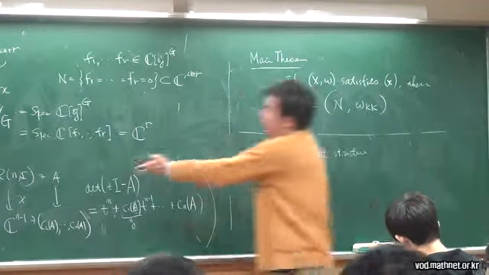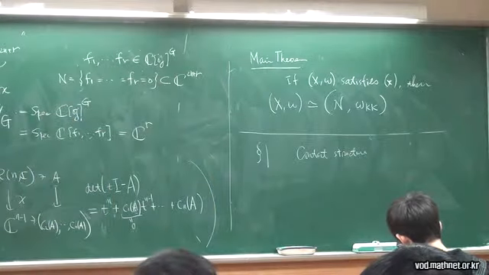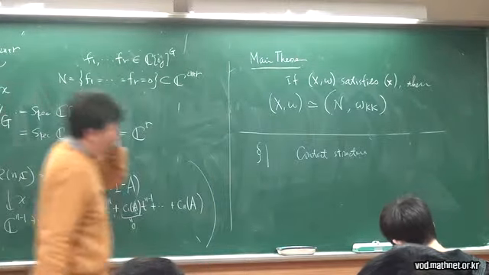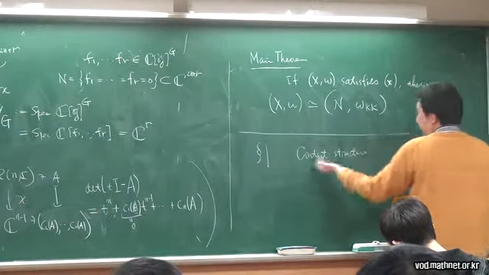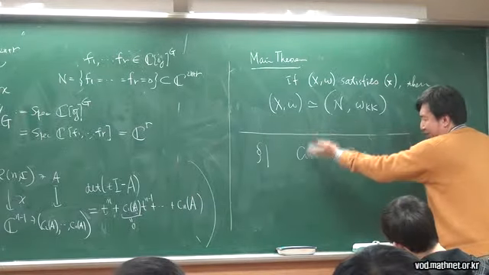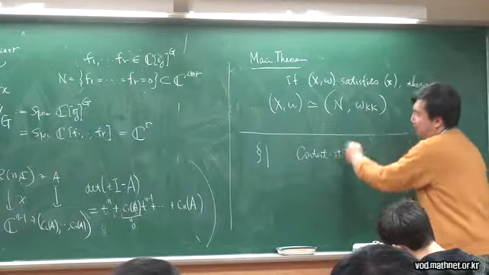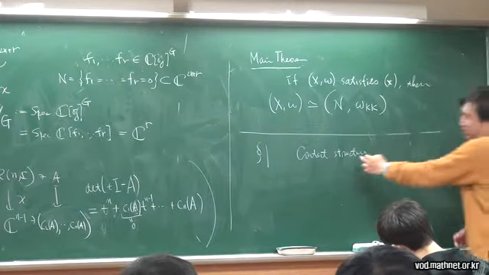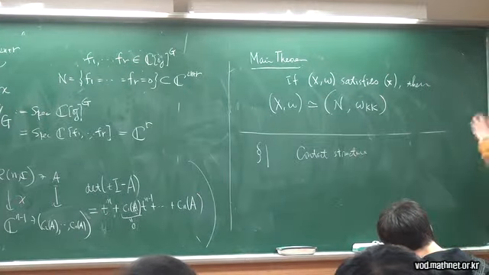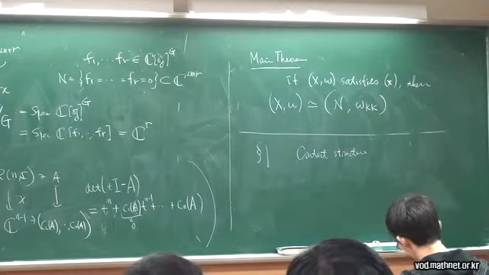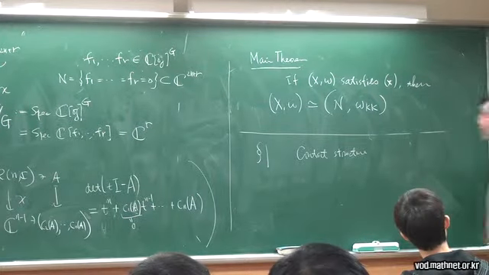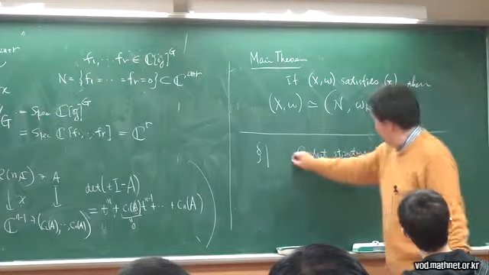If you start with a variety with symplectic structure, then we get another variety with contact structure, and we look at such a variety with contact structure, and then get some results by using Mori theory. So we start with contact structure.